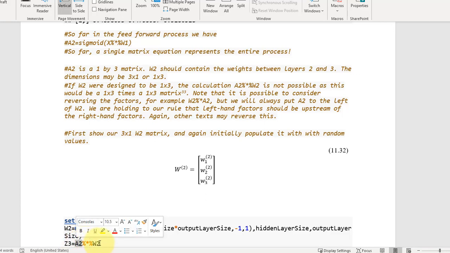So we're trying to stick to that here, so that we wouldn't write W2 times A2, besides the reason that it just doesn't work in terms of the dimensions, but also because we want to put something upstream to the left of something downstream. And again, note that other texts may not do this. So you could get confused. So you need to confirm in another text, if you're reading it, what kind of conventions they're using here.